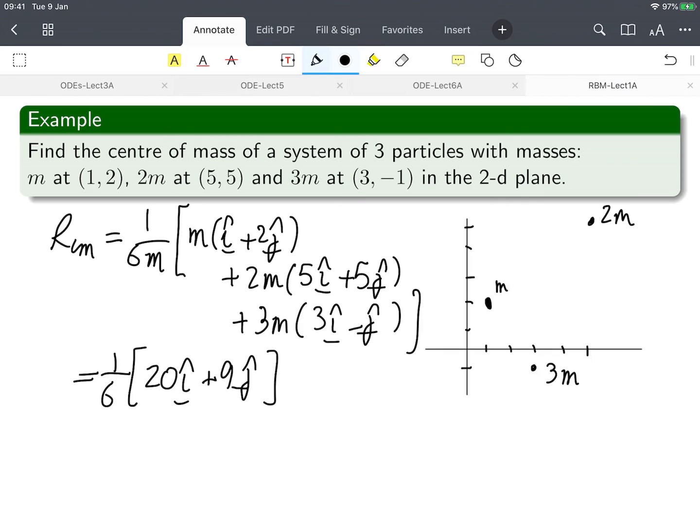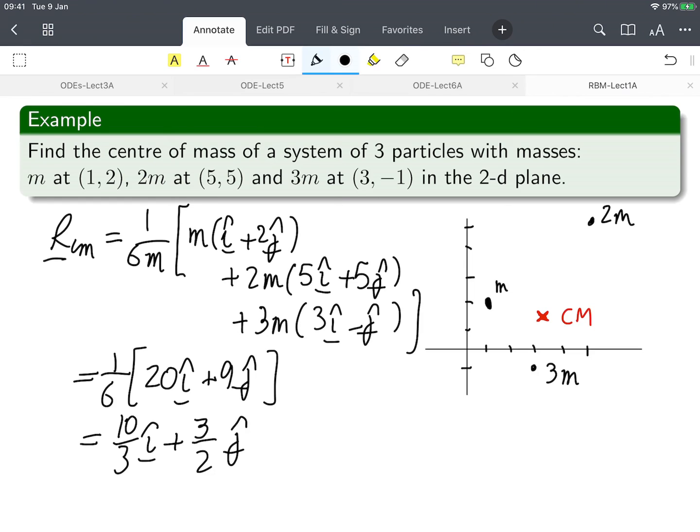And then that's it. 20 over 6, that's 10 thirds. 9 over 6, that's 3 halves. So it's somewhere there. 10 thirds, that's 3 plus a third, and 1.5, is the center of mass. Oh, I forgot to underline R_CM.